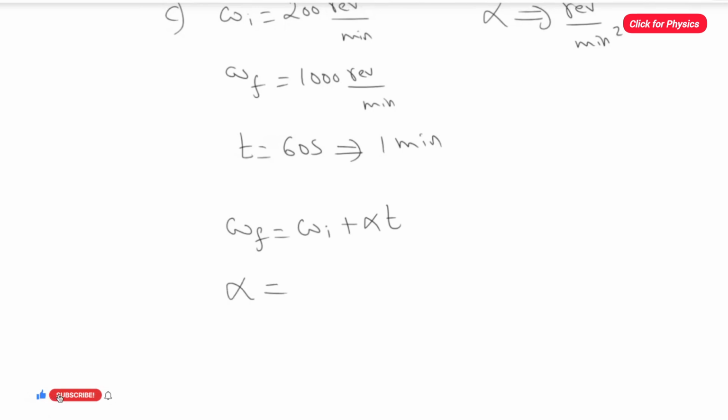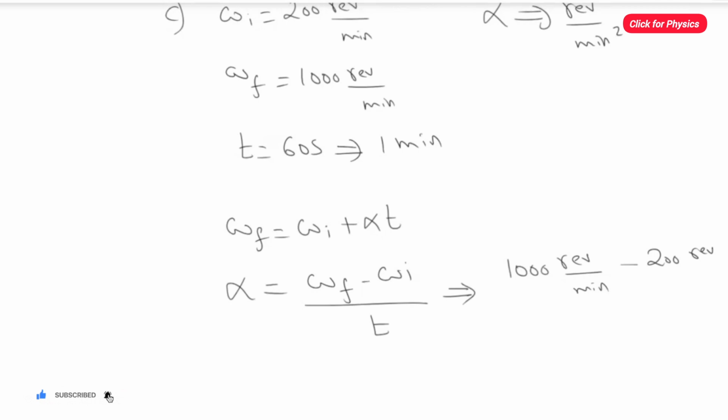And we are going to find the alpha, which is angular acceleration. So alpha is equal to omega final minus omega initial divided by time. I'm going to substitute the value here. Omega final is 1000 revolution per minute, right? Minus our initial angular speed, which is 200 revolution per minute. And then what is our time, which is 1 minute.